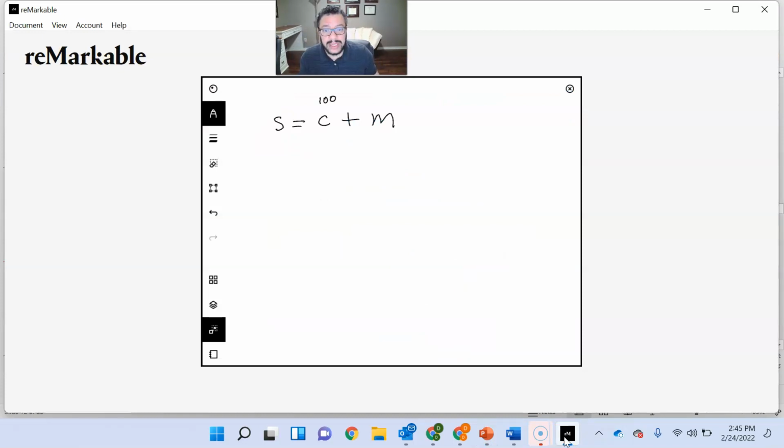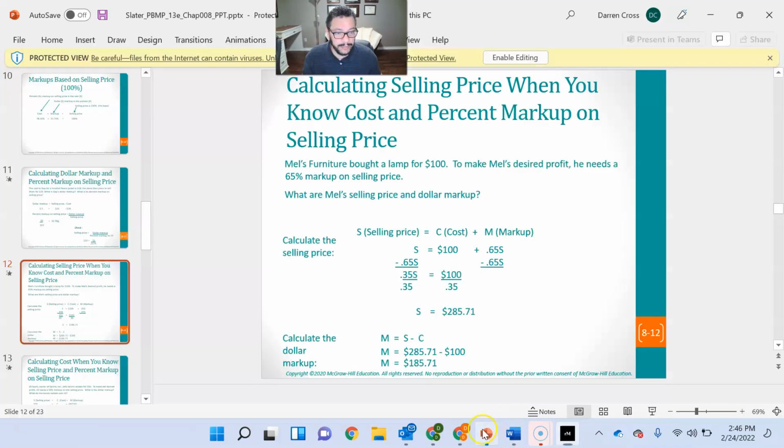Now, what did he say we need here? To make a desired profit, he needs a 65% markup on selling price. Do we know what the selling price is? No, they actually asked for that. What's the selling price and dollar markup?